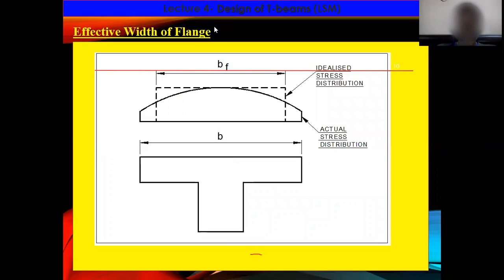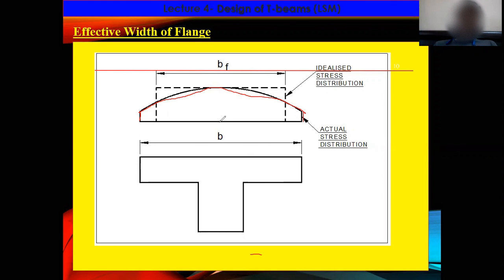And what is the effective width of the flange? Effective width means the general load distribution. If you consider the flange, this is the stress distribution of load within the flange. Actually, it will distribute like this: a straight portion, here also a straight portion, and there parabolic. This is the actual stress distribution in the flange.